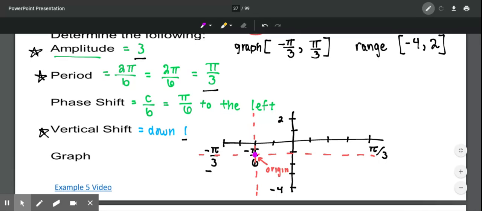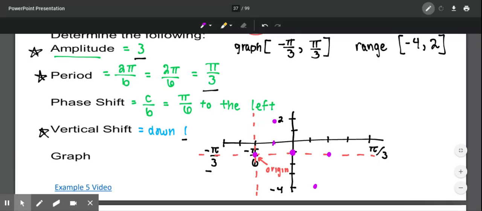At the first dash mark, normally your sine goes up 1, but because it has an amplitude of 3, it has to go up 1, 2, 3, so it has to go all the way up here to 2. At your next dash mark, it goes back to 0, which got shifted down 1. Your next dash mark will go down to -4. So you have that first pattern, and then you just follow that pattern through.